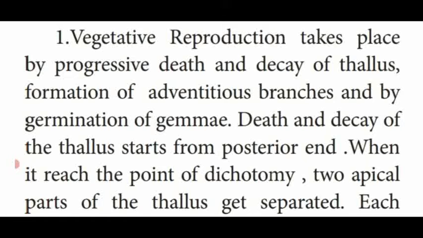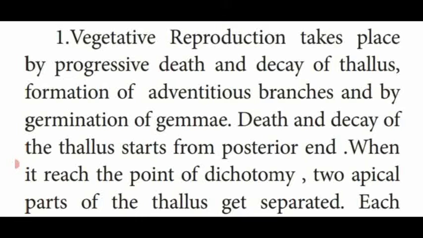That is one type. Another one, the formation of gemma cups, is known as another type of vegetative reproduction. First, death and decay of the thallus, which produces adventitious branches.